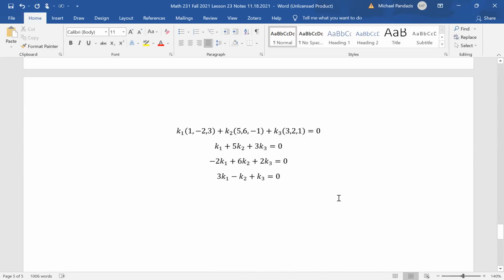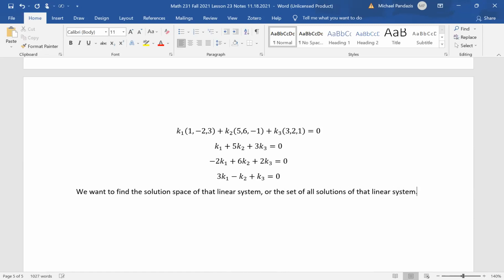And so now we want to find the solution space of that linear system, or the set of all solutions of that linear system.